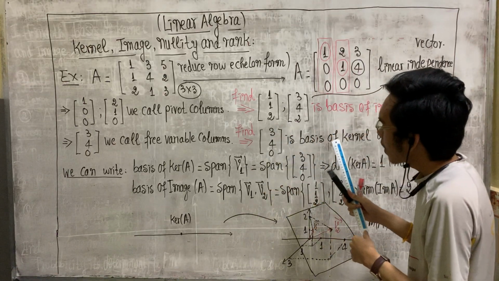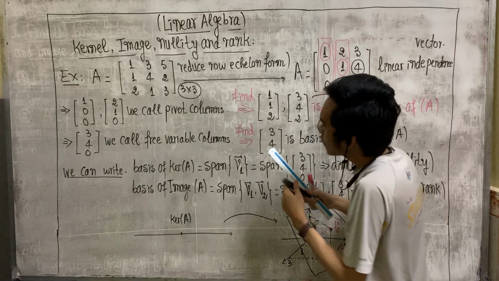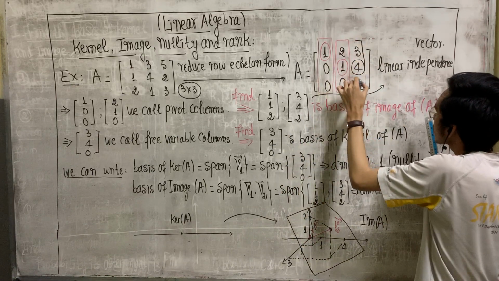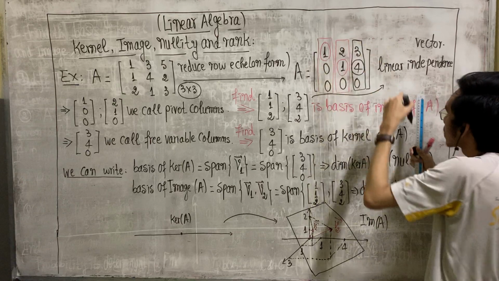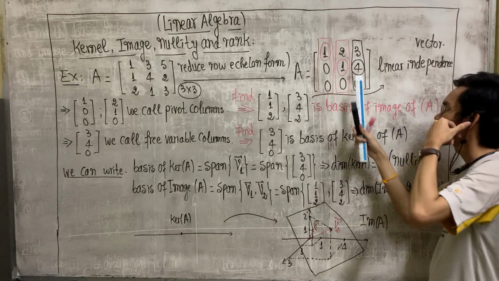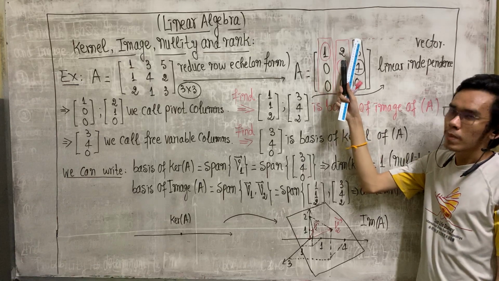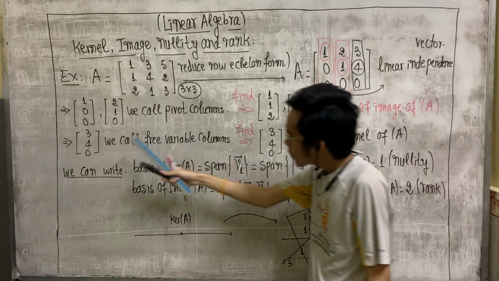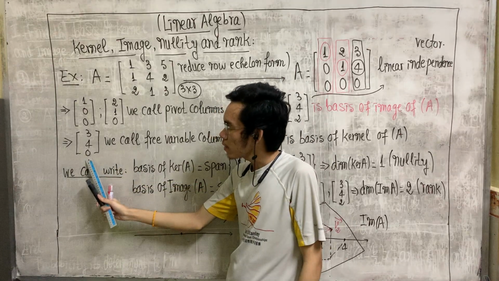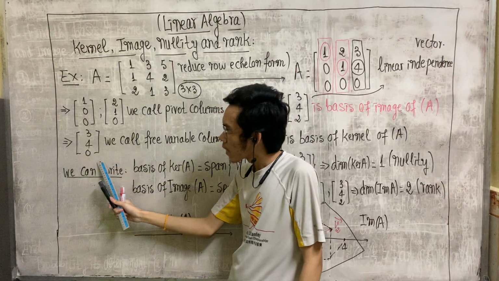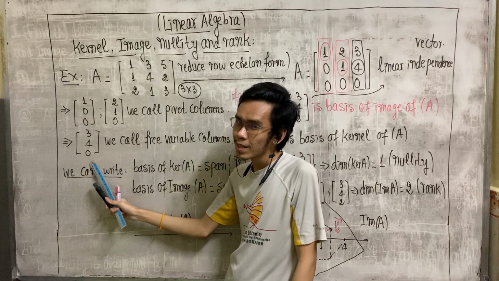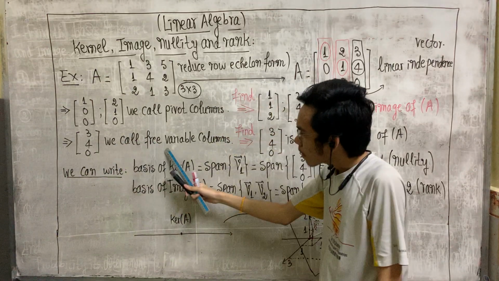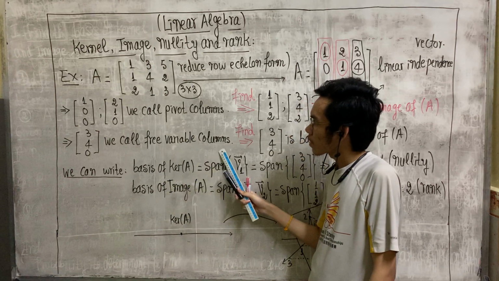Take a look. If we observe the third column of the row reduced echelon form matrix, 3 4 0, the vector w, 3 4 0, we call it the free variable column.